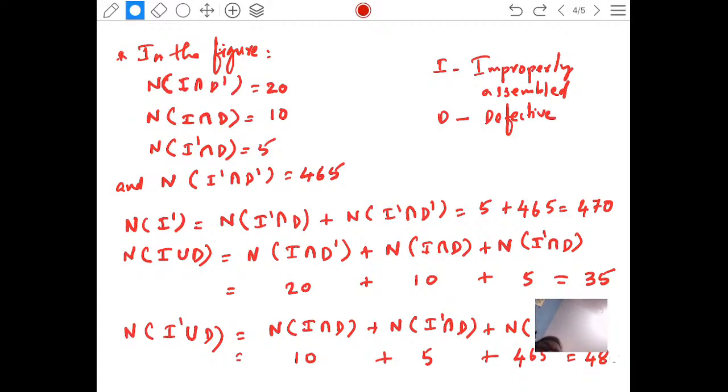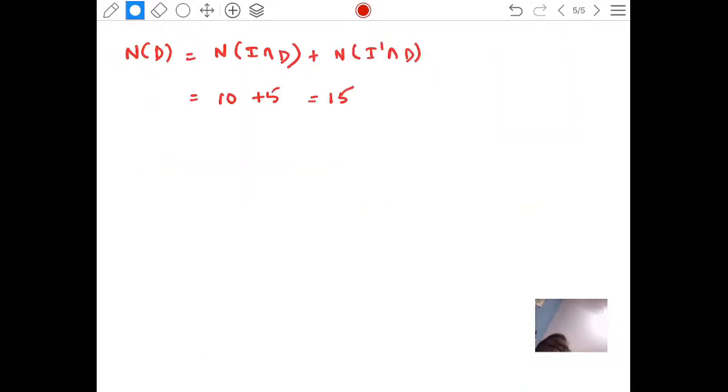So we have to consider these two subsets, n of I intersection d and n of I complement intersection d, which is 10 plus 5 equal to 15.